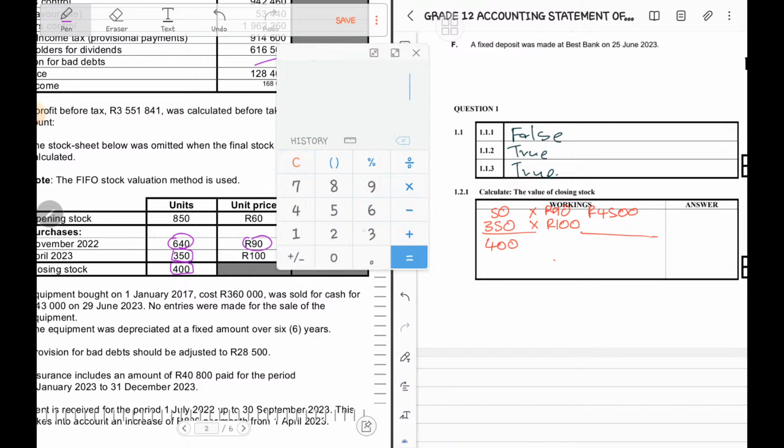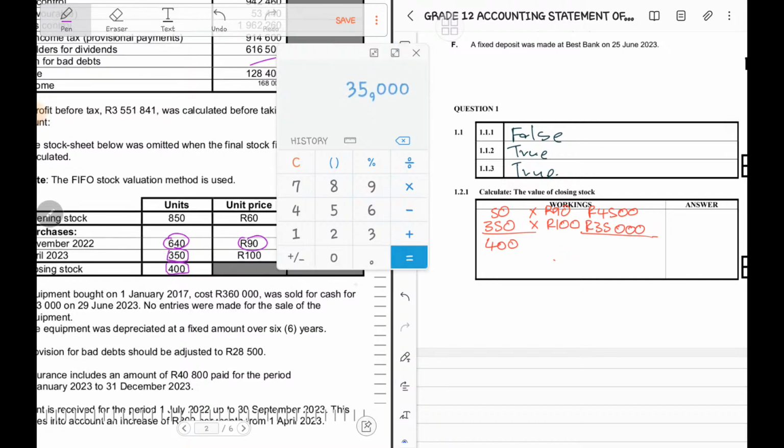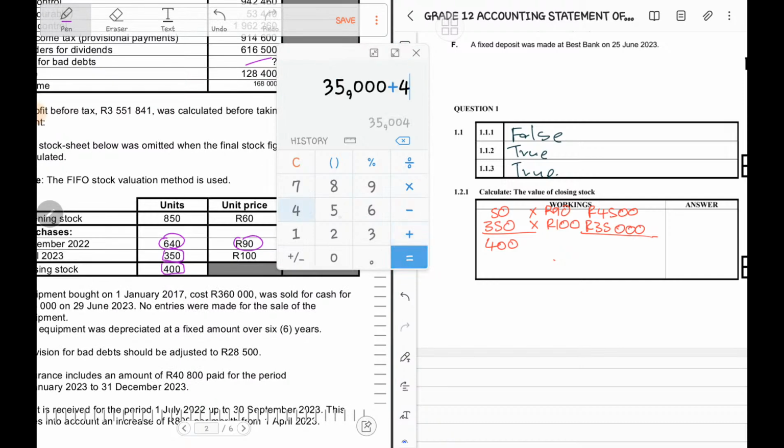Then we take the 350, we multiply that by 100, that gives us 35,000. Okay, so now when we add everything together, it will be 35,000 plus 4,500, and that'll give us 39,500. So I know it says the answer should be there, so it's 39,500.